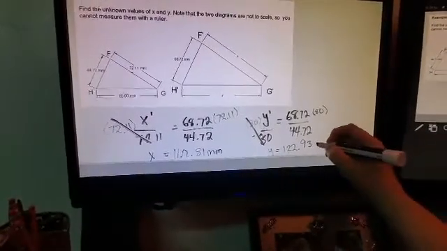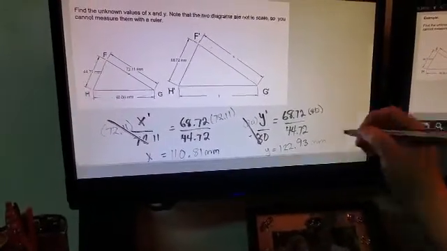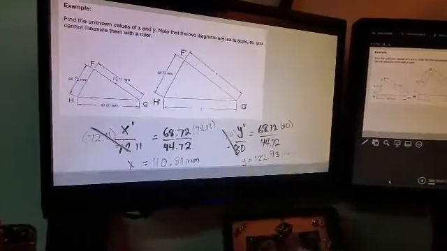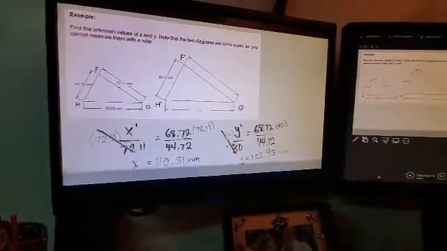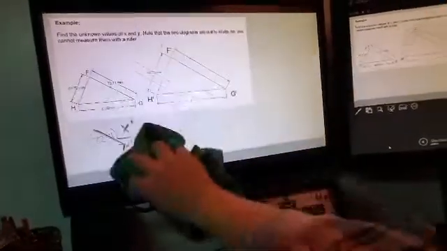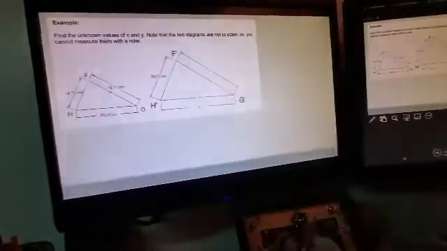Okay, and our units are millimeters. So here we're able to use our known sides to figure out our unknown. And we can only do this when the shapes are similar.